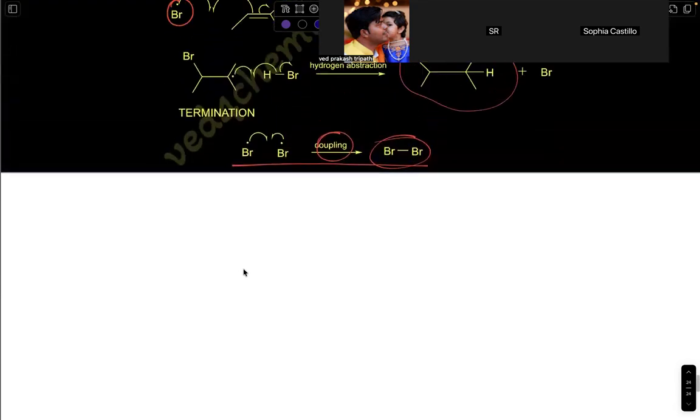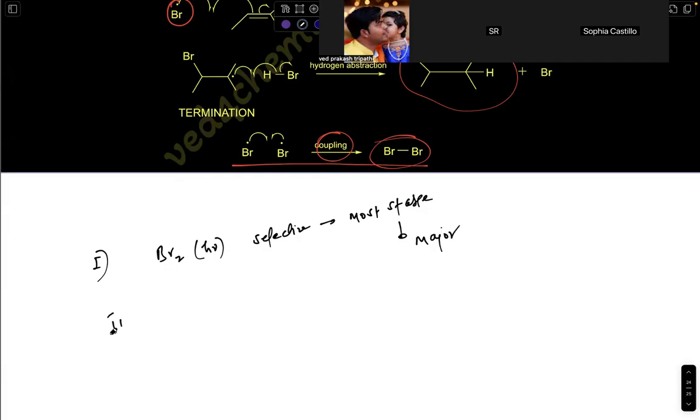Please tell me. In this chapter, three things are very, very important. The first, Br2 with H nu, which is the selective one. Selective means the most stable radical would be the major. The second thing, Cl2 with H nu, that is non-selective.